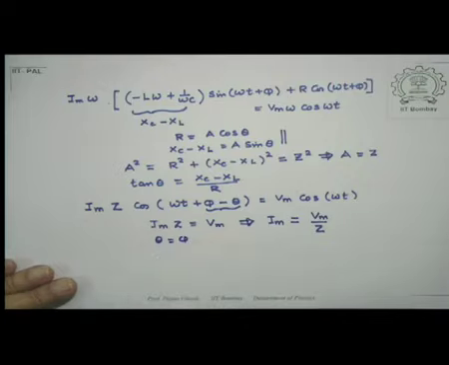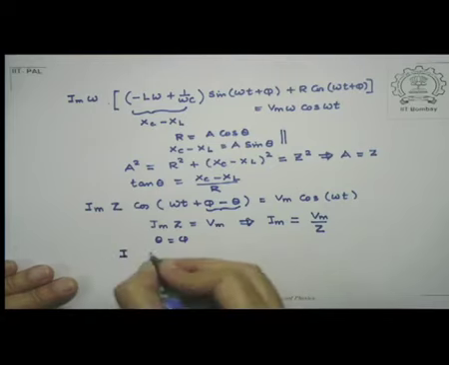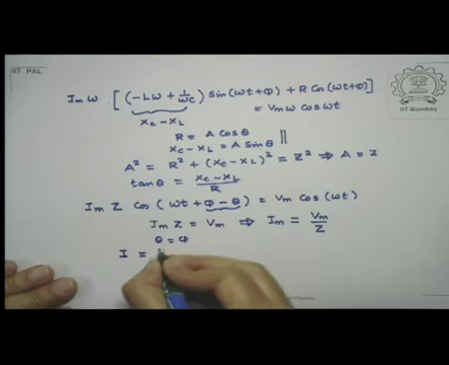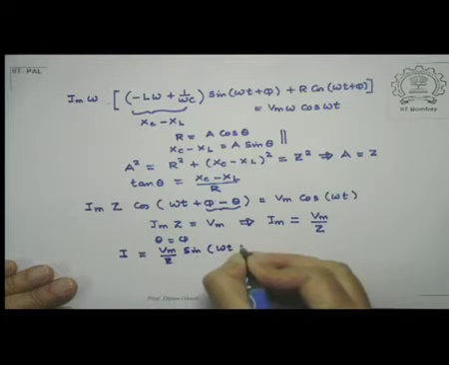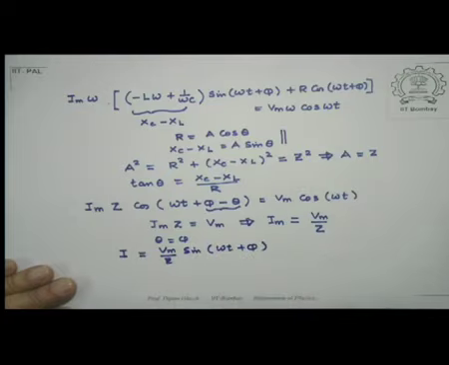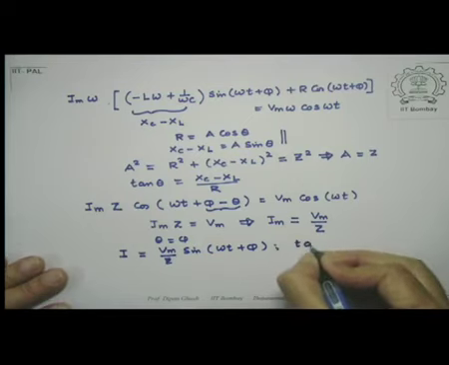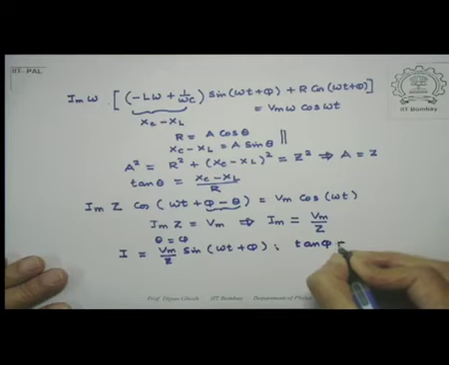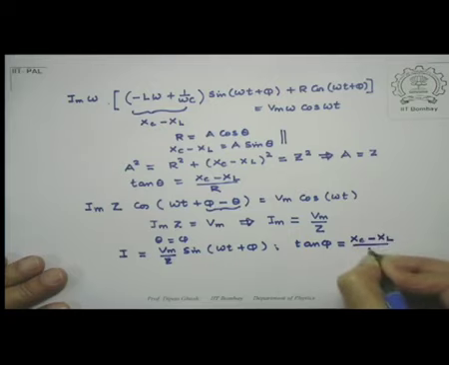So my solution is given by I equal to Im, which is Vm over Z, times sine of omega t plus phi, with tangent of phi, which has now been shown to be equal to tangent of theta, equal to Xc minus Xl divided by R.